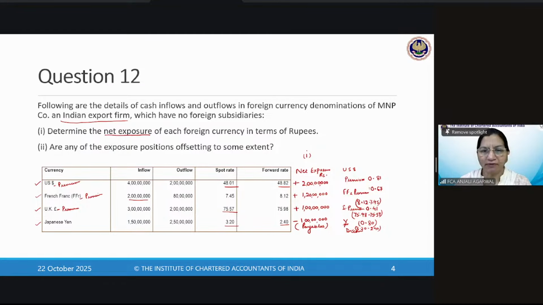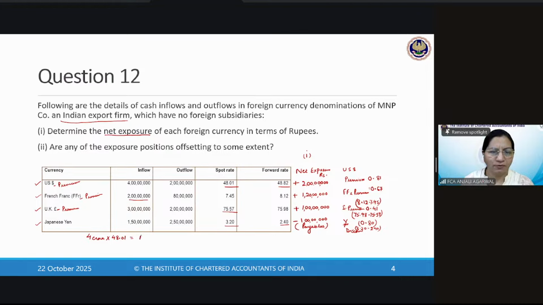Now, when you are receiving these US dollars, 2 crores, and the exchange rate has moved from 48.01 to 48.82, which means the US dollar is at a premium, right? I'll explain to you in this sense. Let's say 4 crores into 48.01.